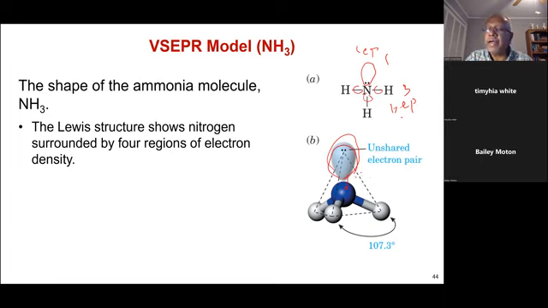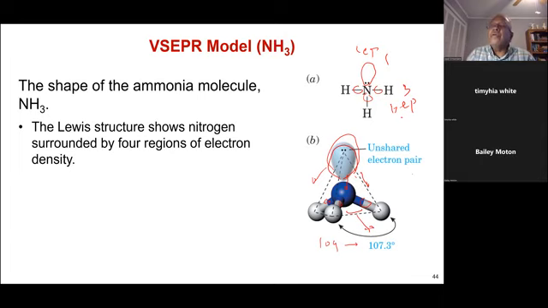Therefore, this pair repels the bonding electron pairs more than in a methane molecule. Therefore, this 109 tetrahedral angle is changed to about 107.